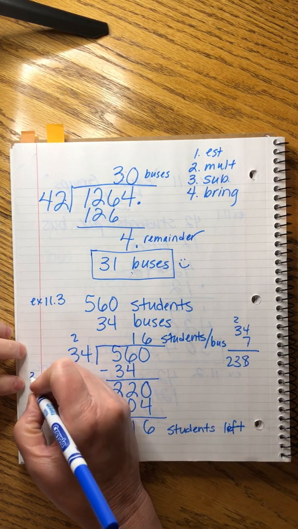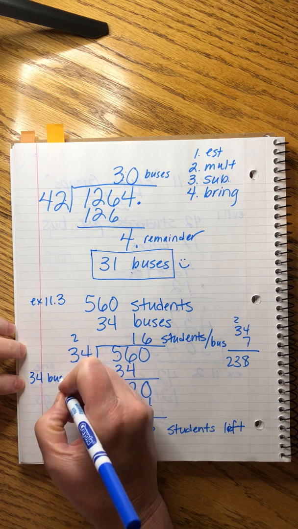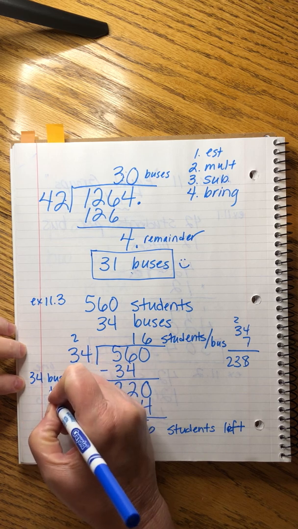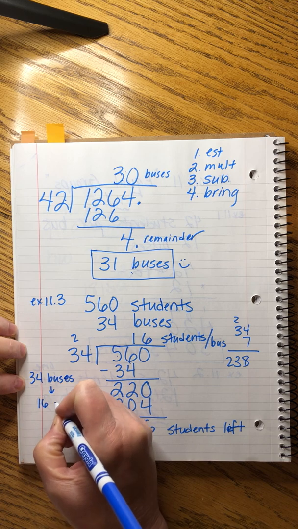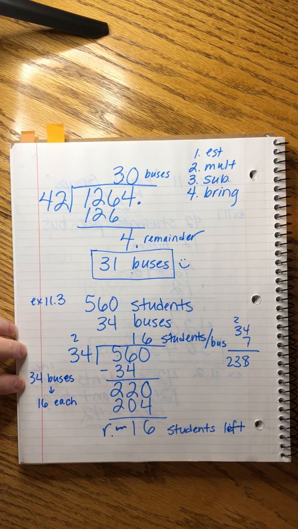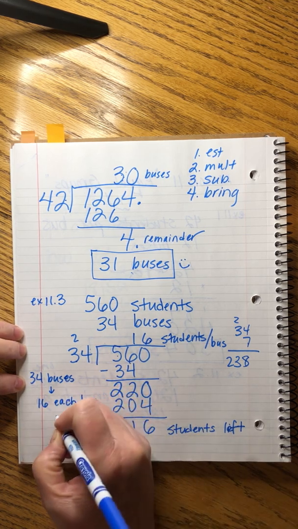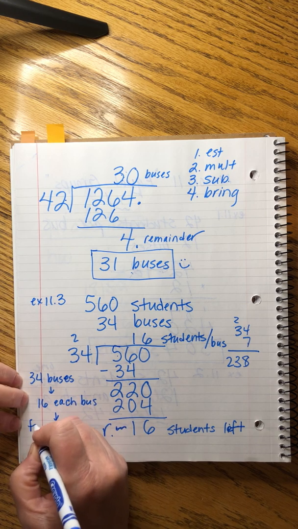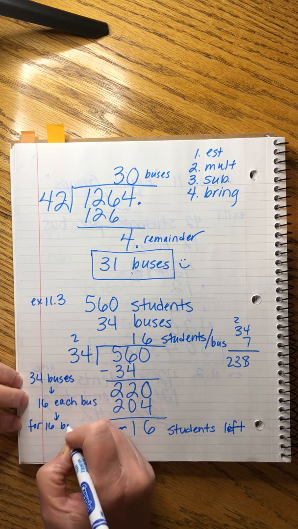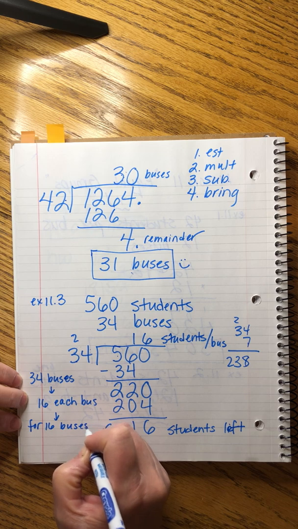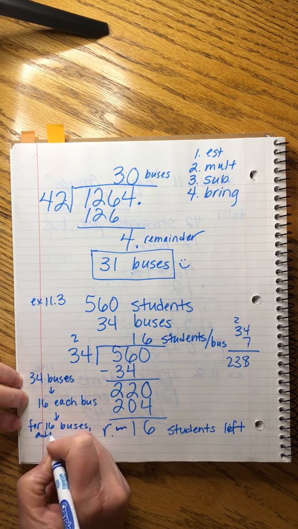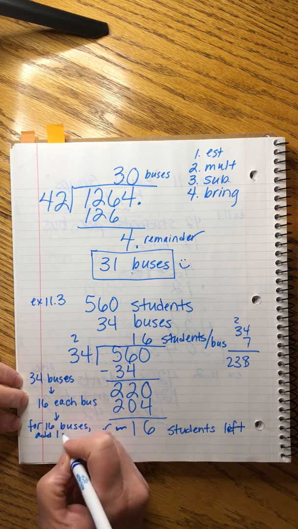So we'll have 34 buses. We're gonna give 16 each bus. Then for 16 buses, we have to add one more kid, right?